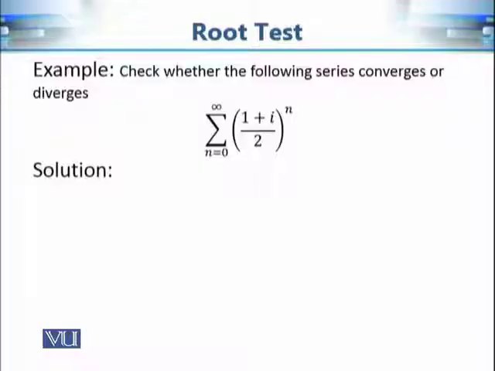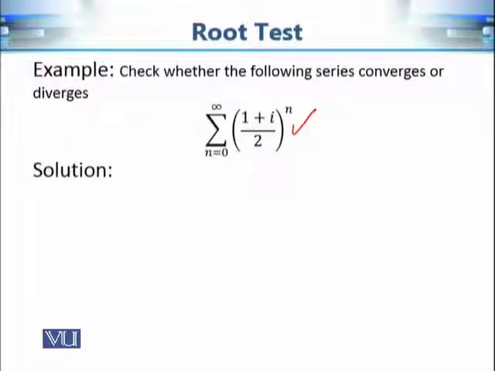Now before going to the proof of this root test, let's apply it in a very simple situation where the terms of the series are (1 plus iota over 2) raised to power n. Observe that when we have many tests and many tools for checking convergence or divergence, one important question is which test we should apply.